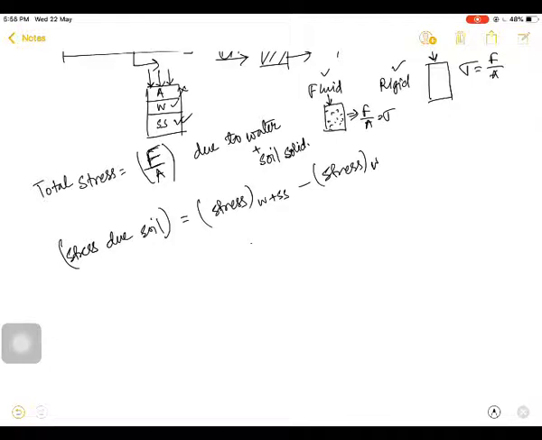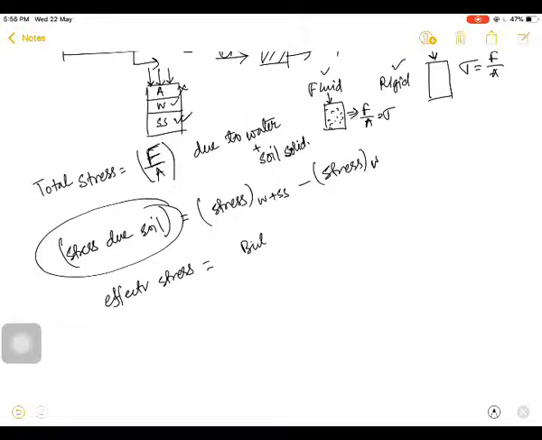That stress due to soil we can call the effective stress, equal to the stress due to water plus soil solid, meaning the bulk stress, minus the stress due to water.